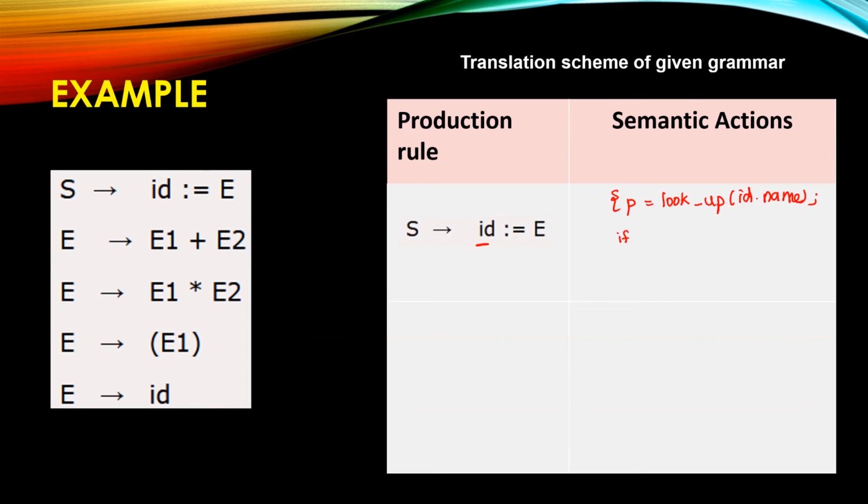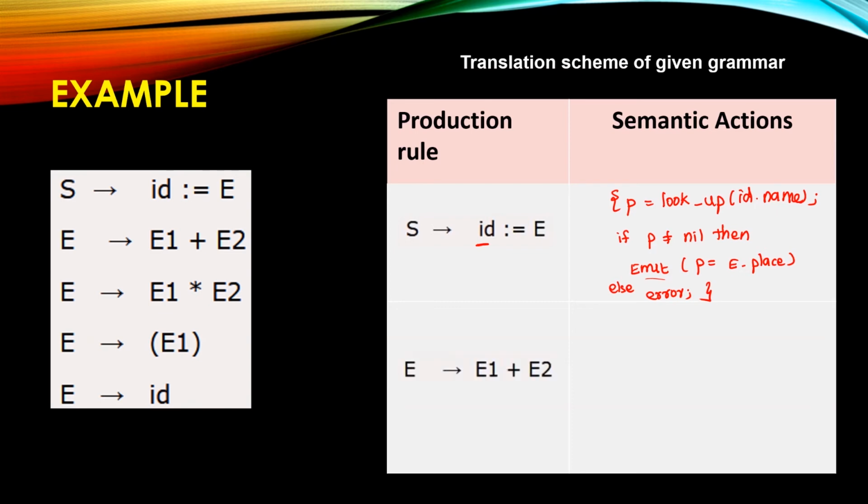First you have to look up id, then if p is not equal to nil, you emit p equal to E.place, else you report an error. Here the emit function is used for appending the 3 address code to the output file, otherwise it will report an error. Lookup is used for looking up whether an id.name is provided or not.